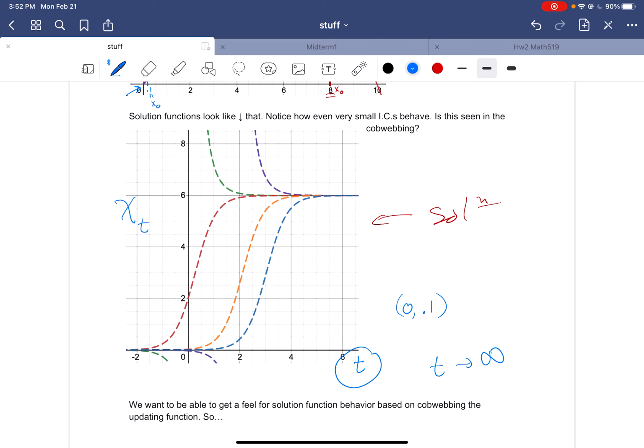As I move this way, I'm attracted towards this equilibrium here at 6. Whereas I'm repelled from the equilibrium down here at 0. So anytime you look at solution functions, you'll see equilibriums as the things you're flowing towards, like a stream of water. And unstable equilibriums are things where if I'm just a little bit away from 0, I'm going to flow away from it.